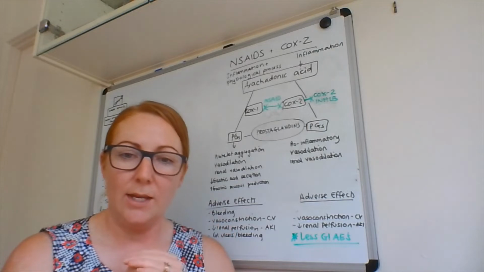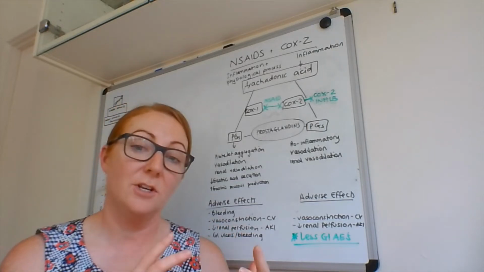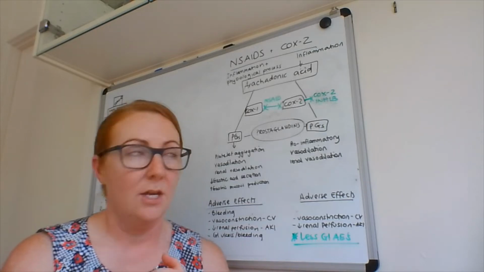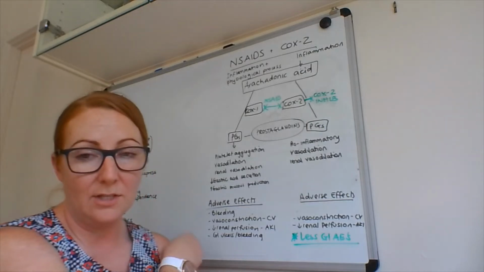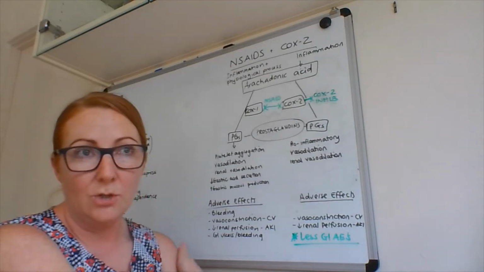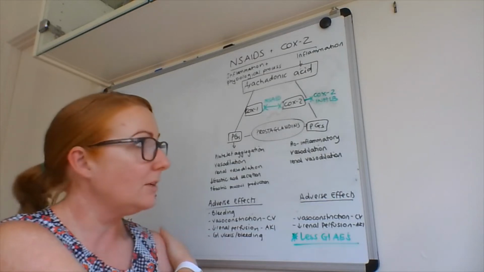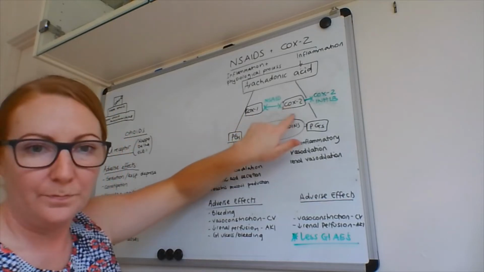So again, it's really important here that we focus on physiology, and once we understand the physiology, we can understand the pharmacology and how and why it works. If we look at the COX pathways, there are essentially two COX enzymes that are important physiologically, and that is COX-1 and COX-2.